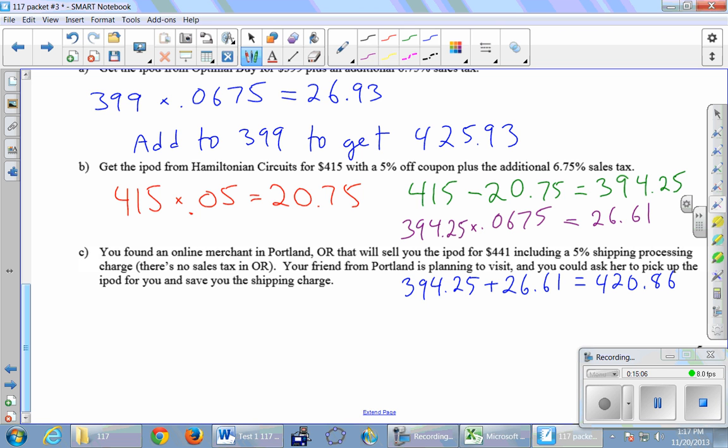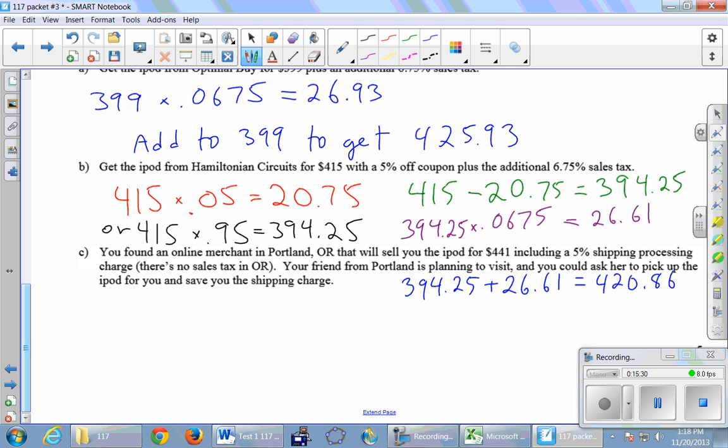But 5% off is the same as paying 95%. And so I'm just going to write here, if you just do the original 415 and you multiply it by 95%, do it on the calculator. I'll do it in my head because I'm just that smart. But it's the same that we got before, right?